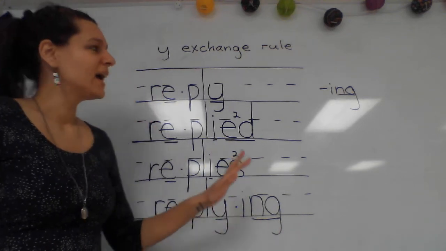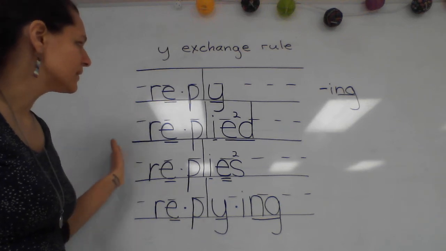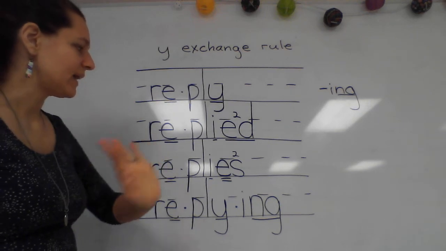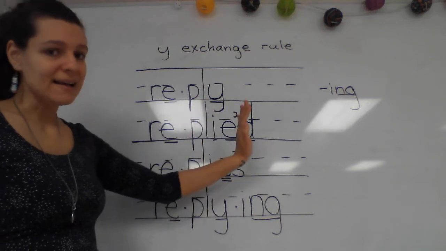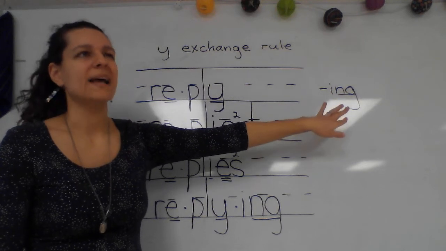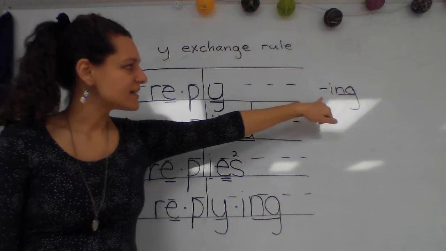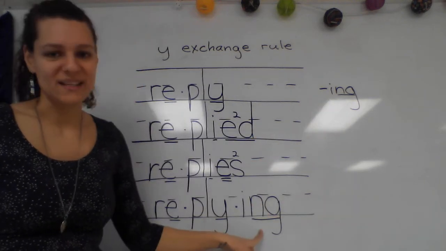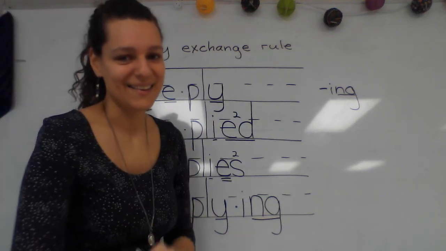All right, class. So remember, we use the Y exchange rule anytime we're adding a suffix to a word that ends with Y, unless the suffix starts with I, because we don't ever have two I's next to each other in English. It doesn't look right. So if our suffix starts with I, then we don't do the Y exchange rule. All right, great work. I'll see you in the next video.